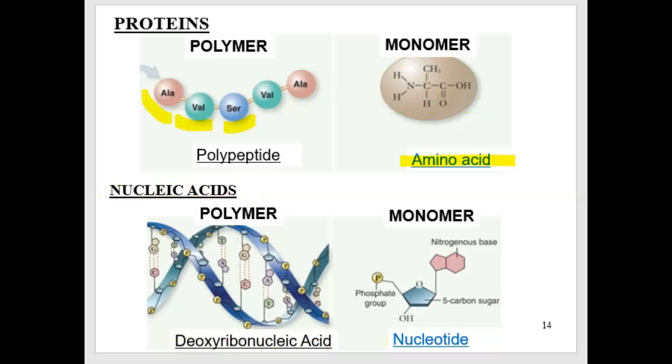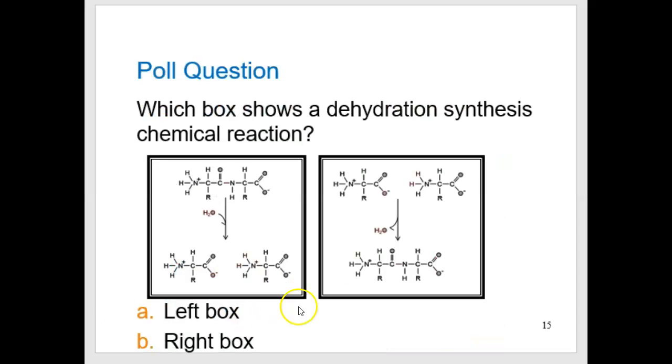Okay, the last thing that we want to look at today is, see if you can talk to me a little bit, or talk to yourselves, about how organic compounds are made. And that is through dehydration synthesis. So I'm wondering if you can recognize which of the reactions, one in each box, is dehydration synthesis.